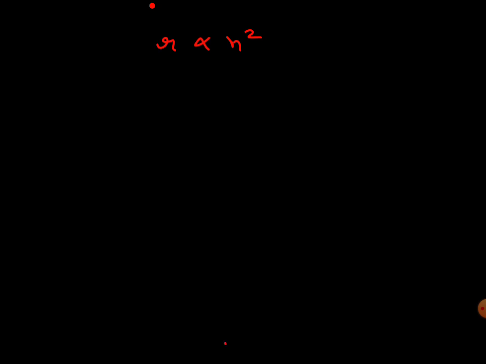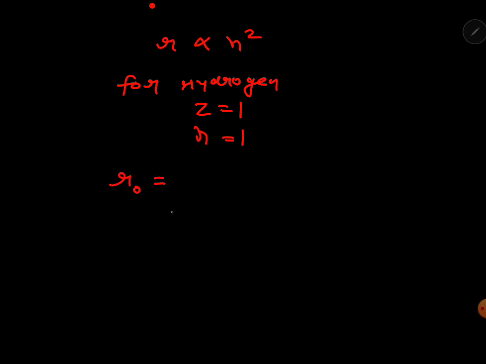So for hydrogen, Z is equal to 1, and we take n is equal to 1, the first orbit. So we'll denote this by r₀. That will be 1² h² upon 4π² mke².